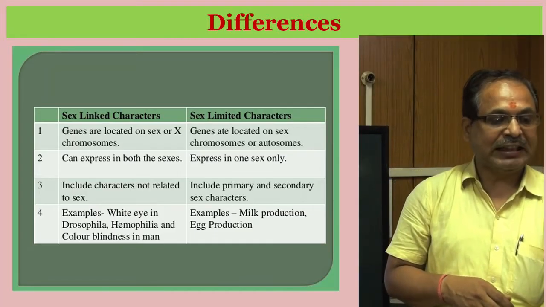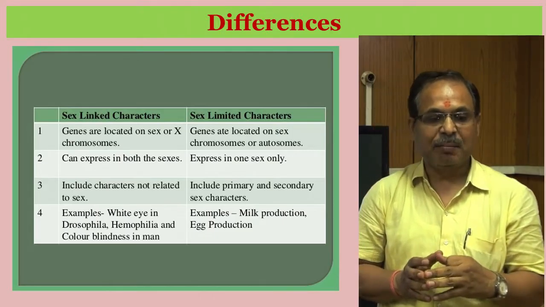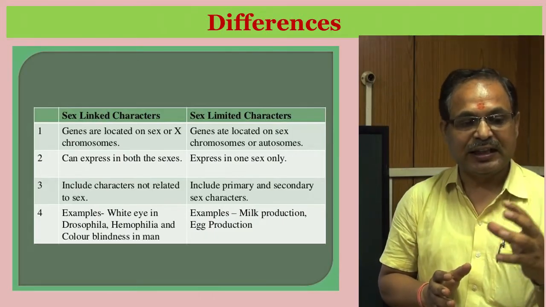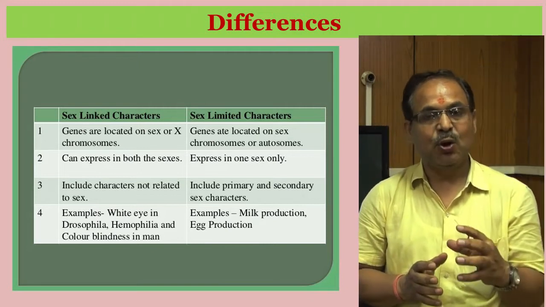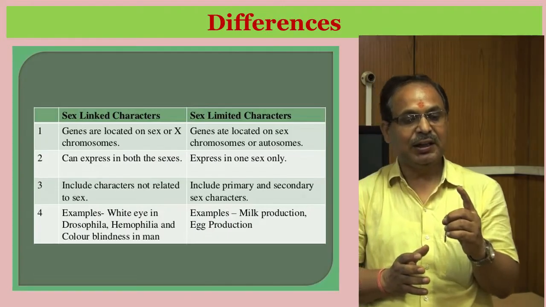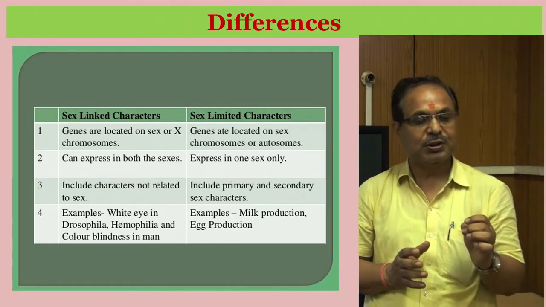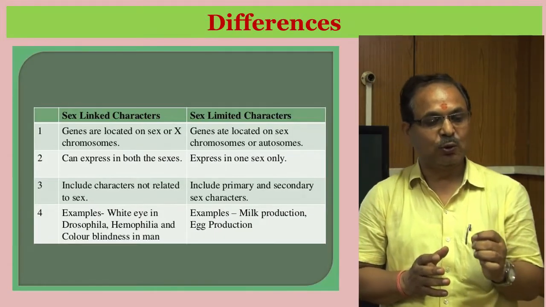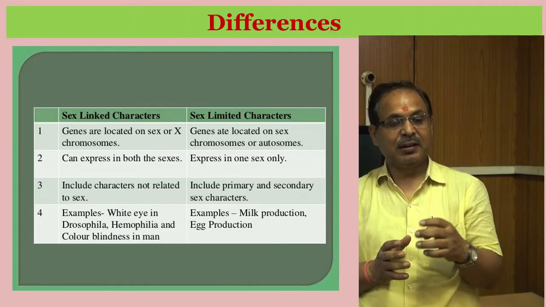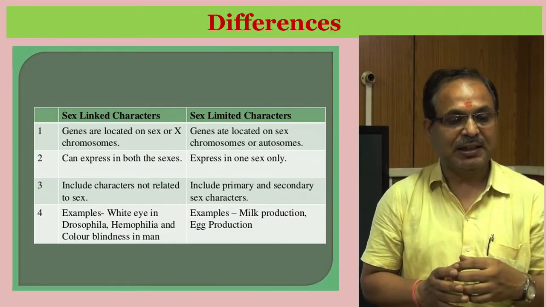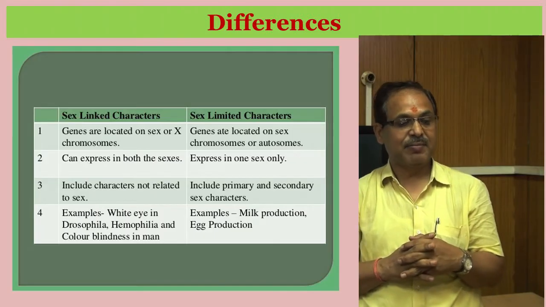Sex-linked characters can express in both sexes, but in contrast, sex-limited characters can express only in one sex. Sex-linked characters include characters not related to sex, but sex-limited characters include primary and secondary sex characters.